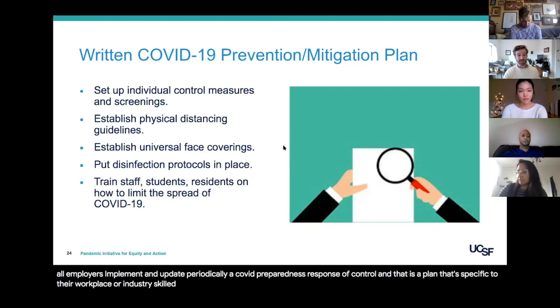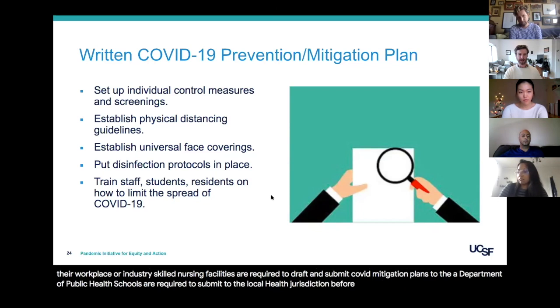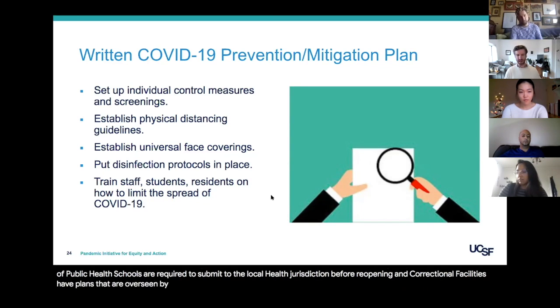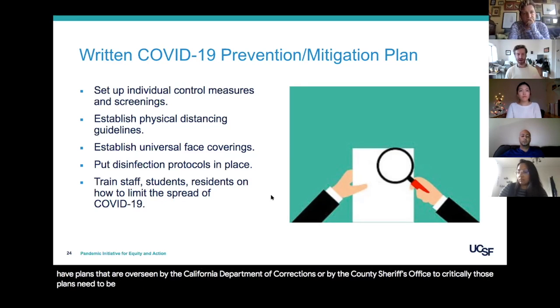Skilled nursing facilities are required to draft and submit COVID mitigation plans to the California Department of Public Health. Schools are required to submit to the local health jurisdiction before reopening. And correctional facilities have plans that are overseen by the California Department of Corrections or by the county sheriff's office and the local health department. So critically, those plans need to be written. They need to be written down somewhere.